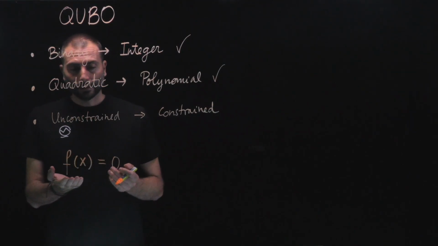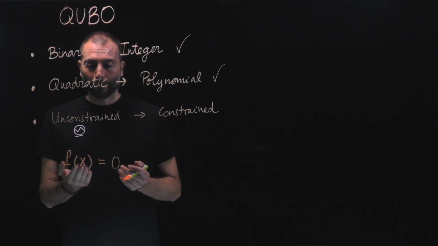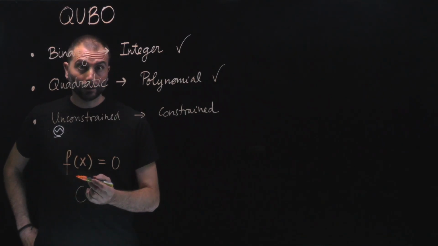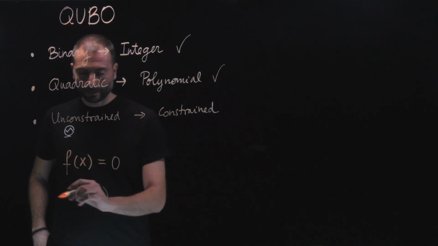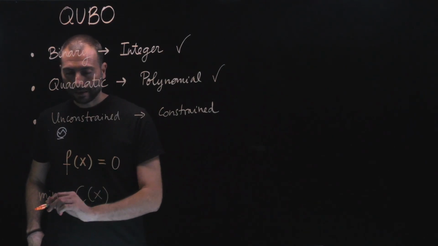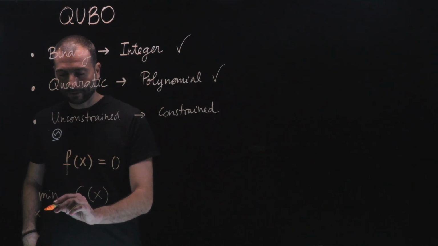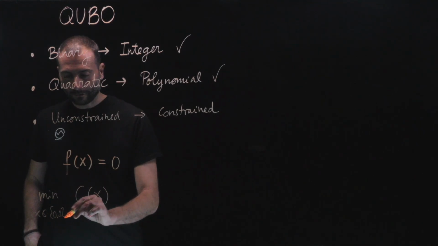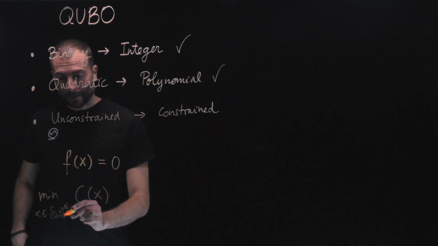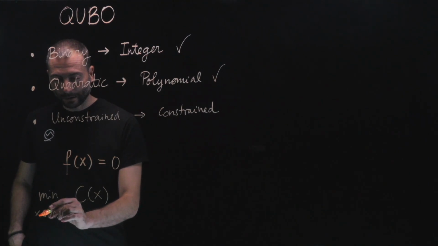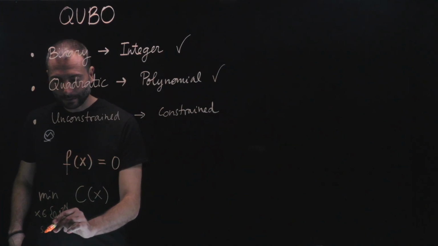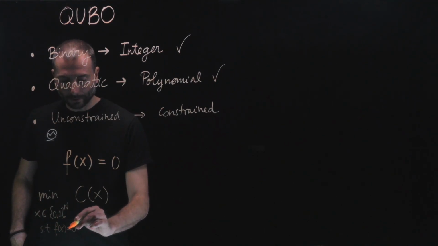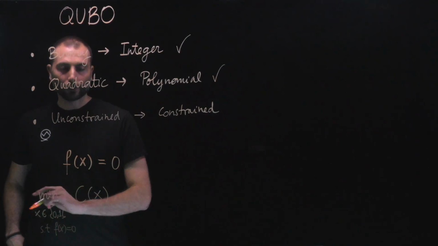So basically, the way to impose this, we have a cost function where we want this minimization not to be made over all the strings of length n, but over the strings that fulfill a condition, that are all the strings such that f of x is equal to 0, right? We would like to impose this condition.